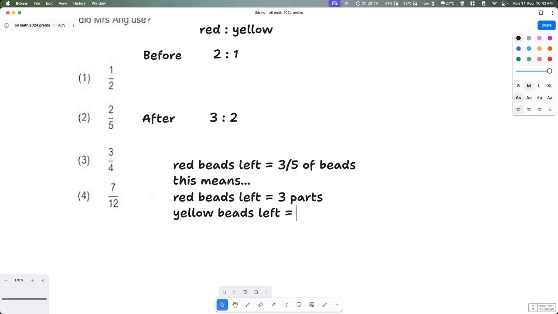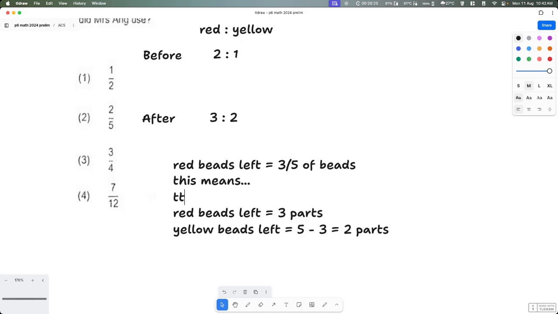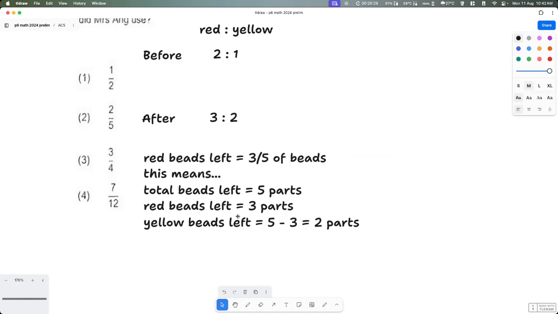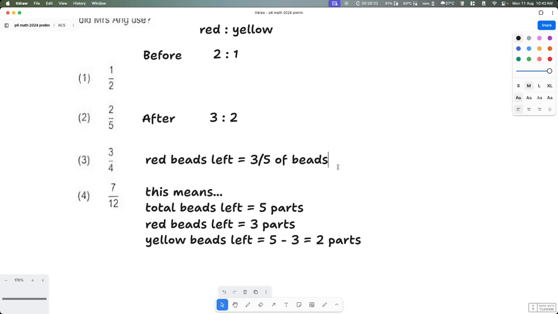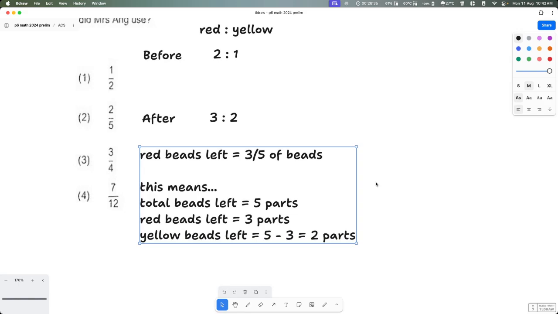So the total beads left is equal to 5 parts. Hopefully this makes sense. So this is after, 3 to 2.